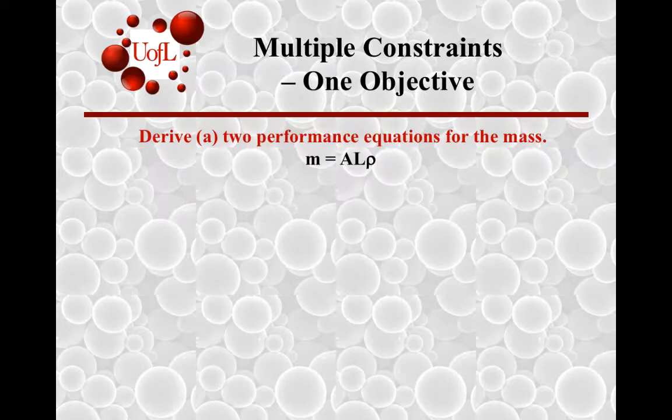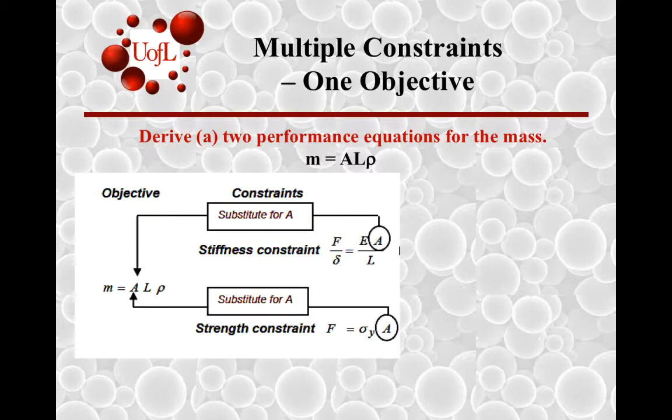So we start out with the familiar point of the cylinder of length L and cross-sectional area A, which will have a volume of A times L. Then if it has a density rho, then we will have a mass that we can compute. So the objective is to minimize the mass A L rho, and there are two kinds of constraints.